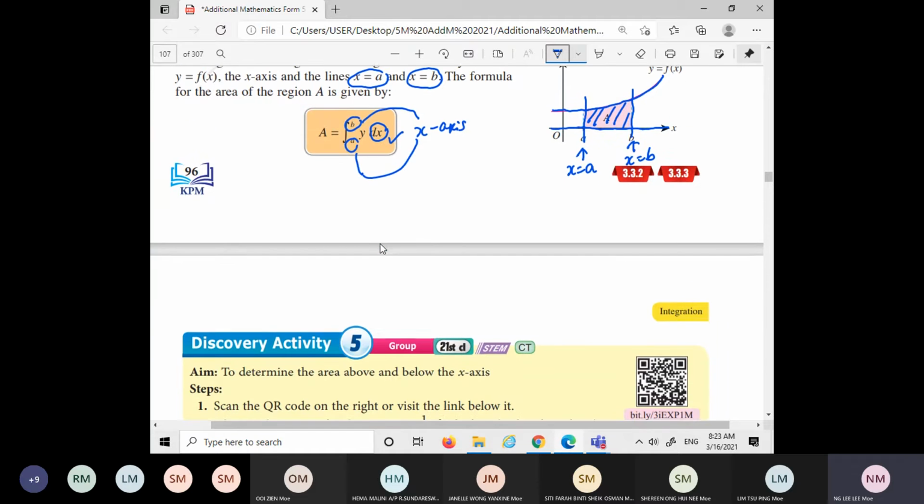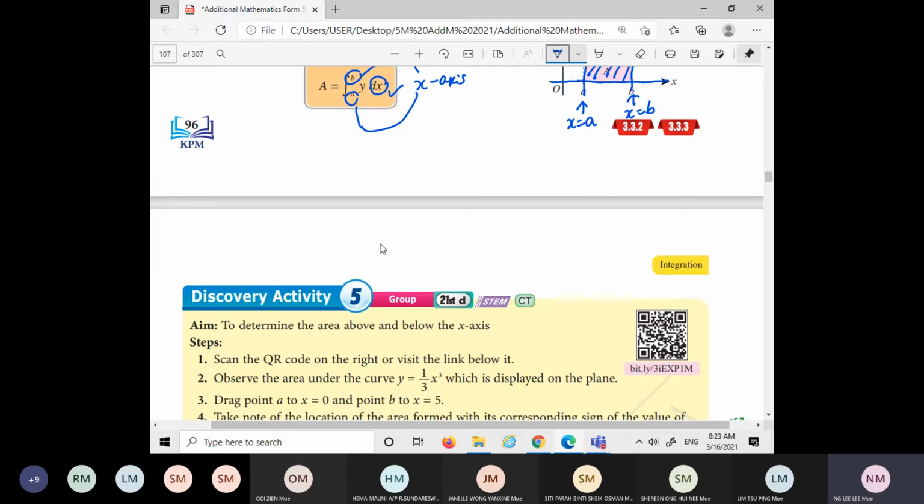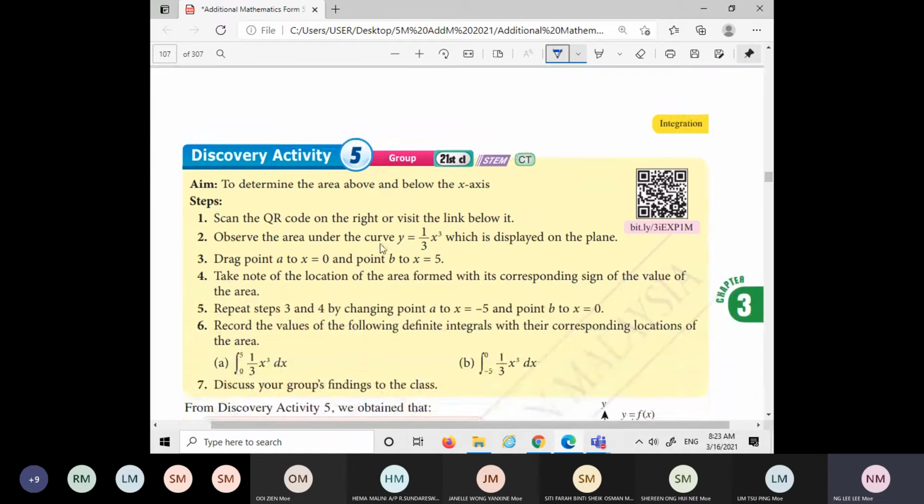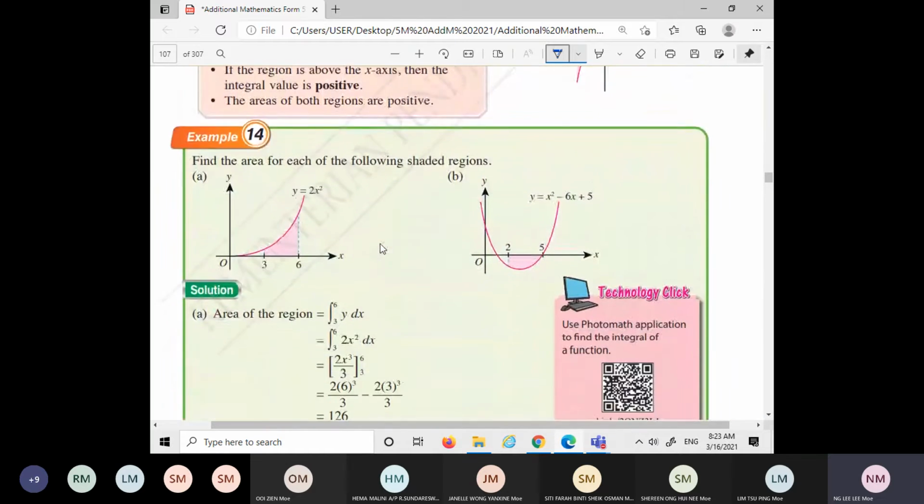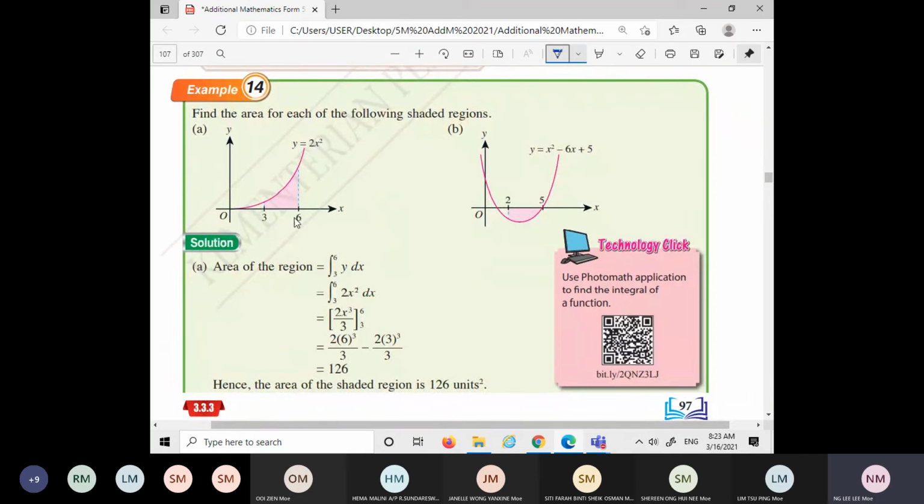Before we go into it, maybe I can show you one example first. We skip the sign first. Find the area of each shaded region. You see the curve and the x-axis, bounded by x equal to 6 and x equal to 3.